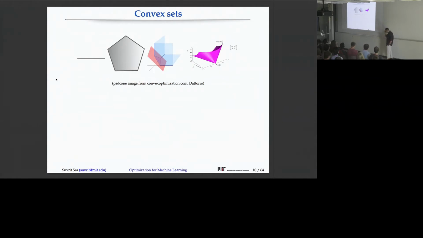Obligatory picture, I put up some convex sets. So the most important convex set is really just the interval. And once you understand convexity on an interval in one dimension, that pretty much suffices to build the theory of convexity in arbitrary dimensions. So that set is convex. That's awesome.